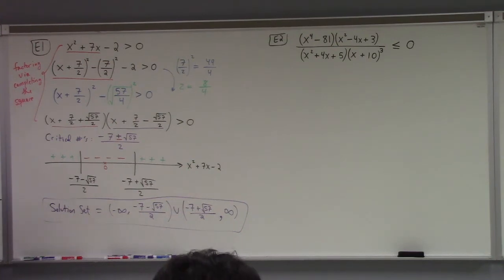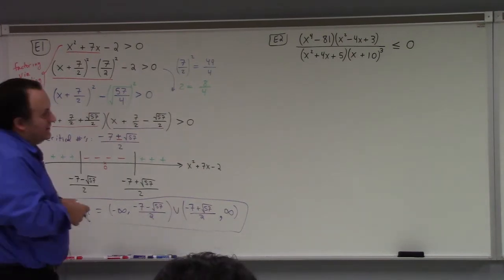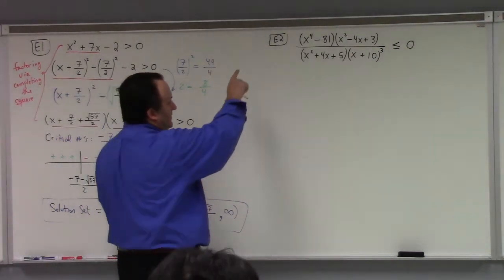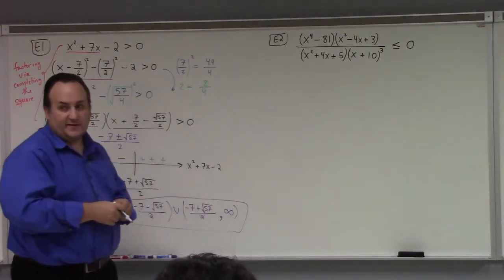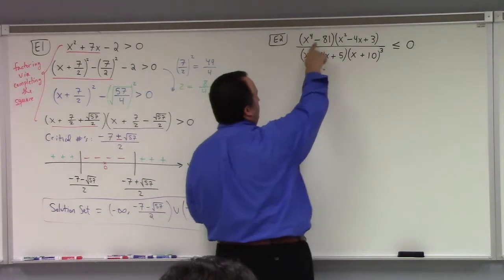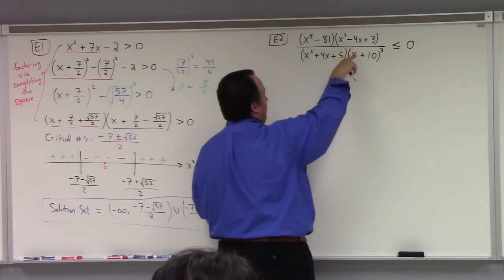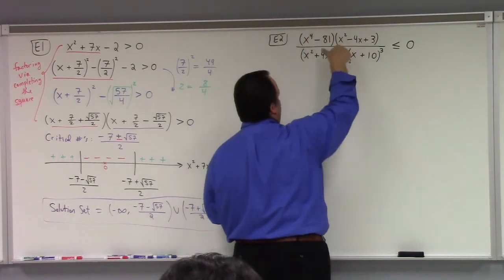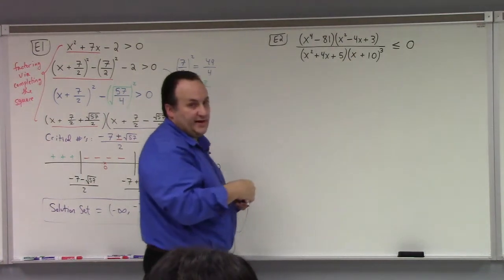Kind of like example 1, this one requires some algebraic treatment before we can really find the critical numbers, right? Because these factors are not yet factored. So let me just deal with those. I'm going to deal with each one of these factors separately, and then I'm going to put it all together, okay?